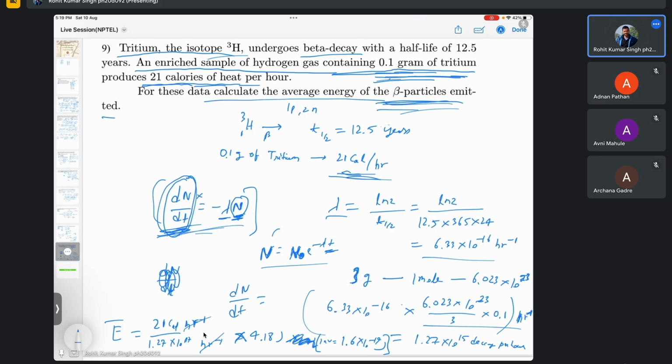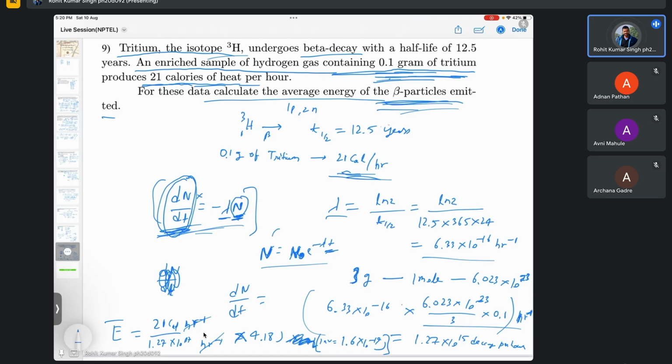So beta particles are taking this heat out of the system. But the daughter nucleus also has some energy, right? In case of beta decay, the beta particles take away 99 or some percent of the energy.